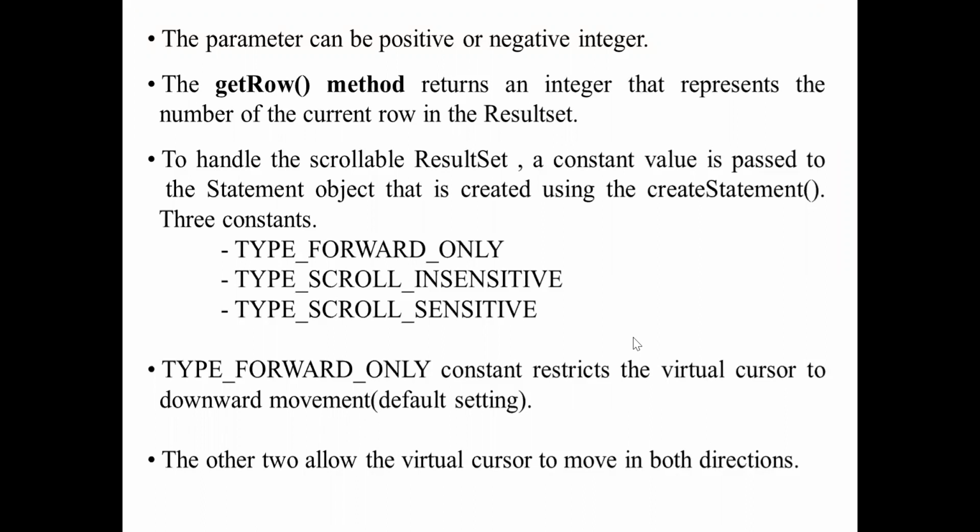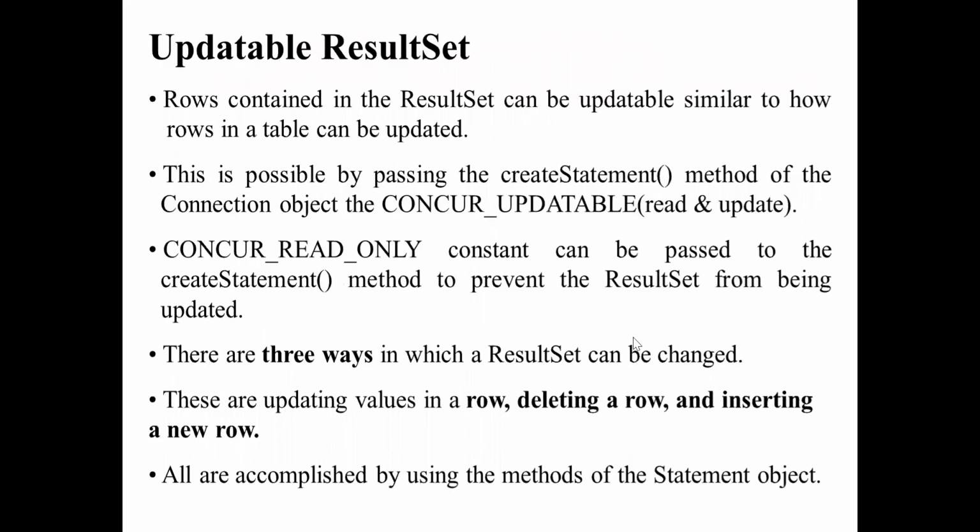Yes, sir. Okay. So next is the updatable result set. It means we can update the data, it may be a row or anything. We can insert or update the data.